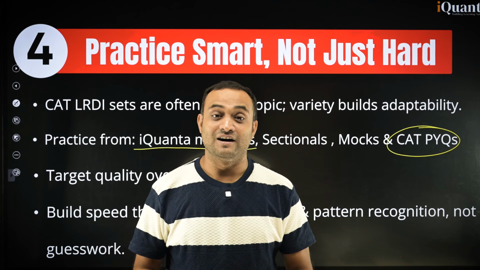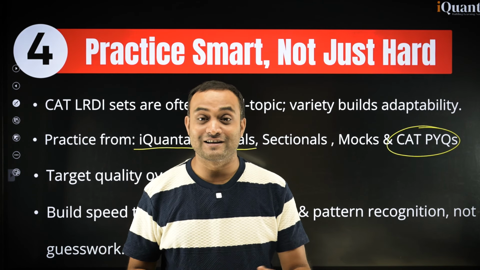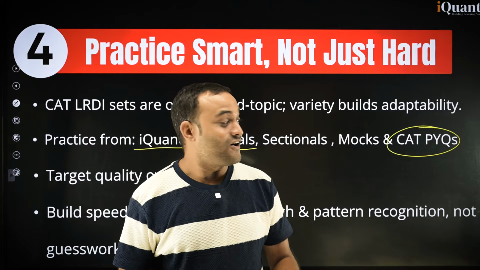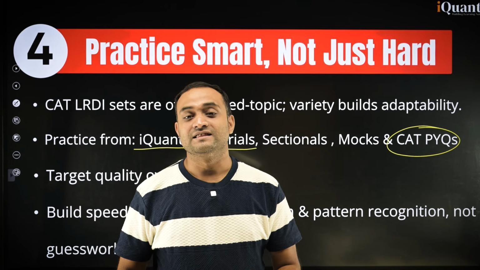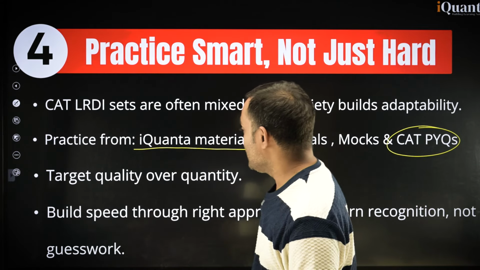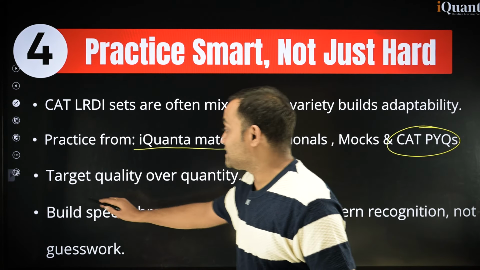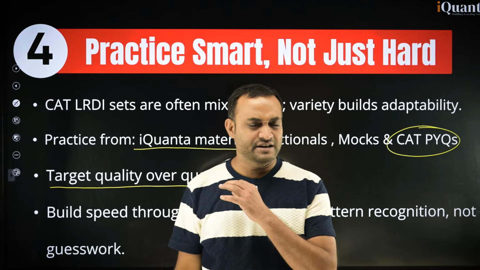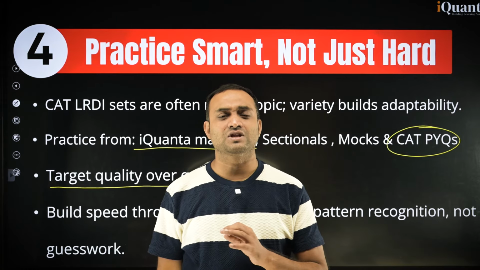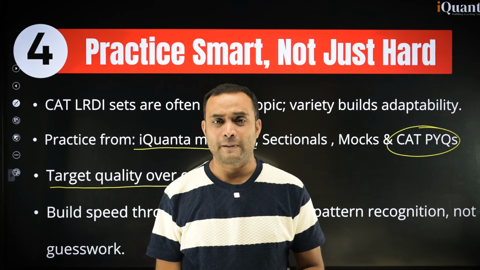Let it be 11th, 12th class or graduation last night study or CAT. Previous year questions are the best thing that you can practice. Then always target quality over quantity. It does not matter if you have solved 1000 LRDI sets.